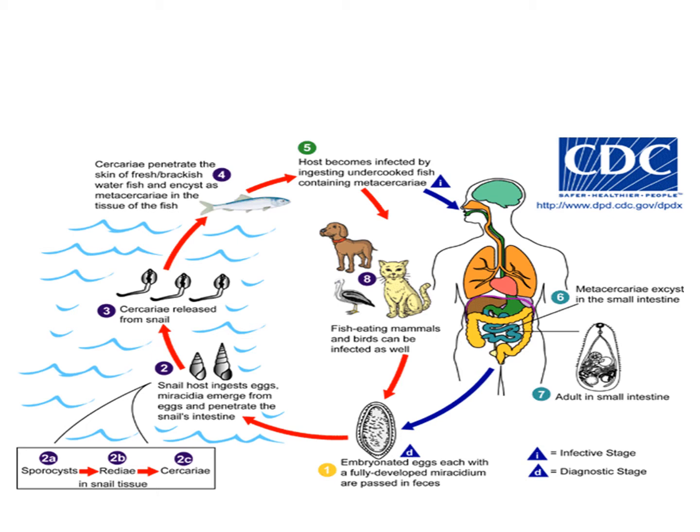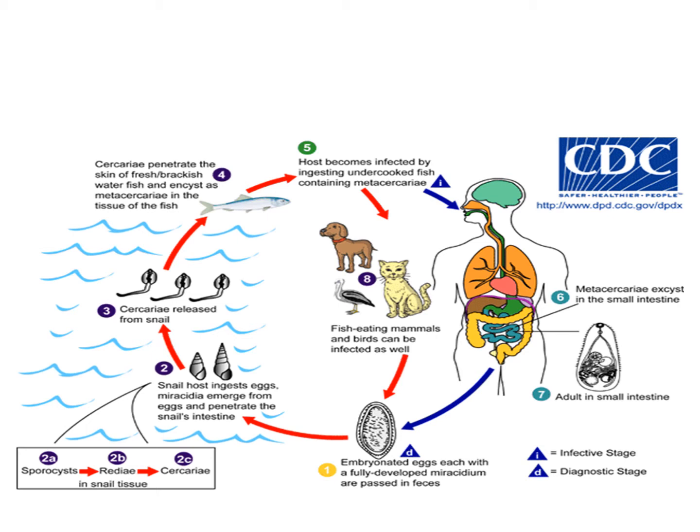What can the adult worm give? It gives embryonated eggs, with fully developed miracidium, passed in feces from humans and from fish-eating mammals and birds.